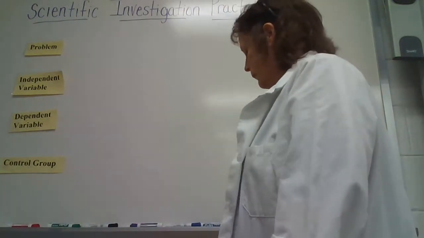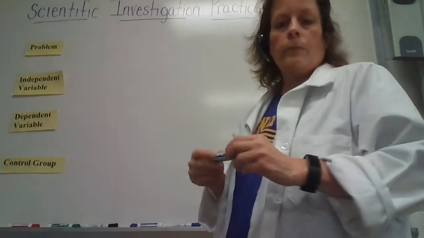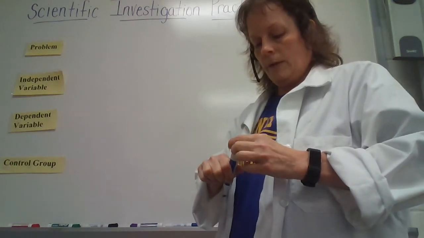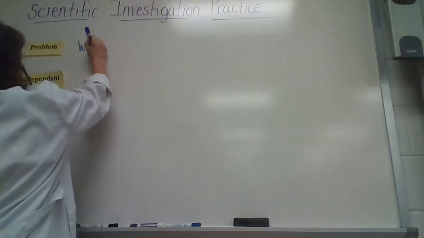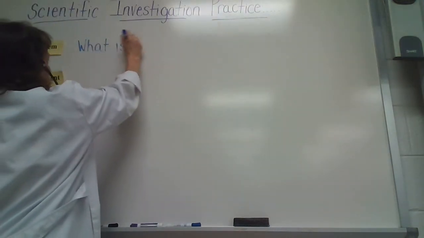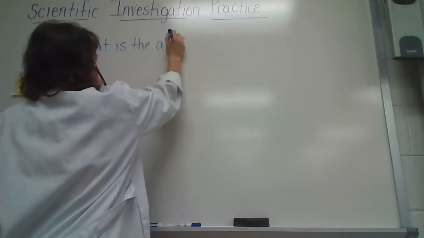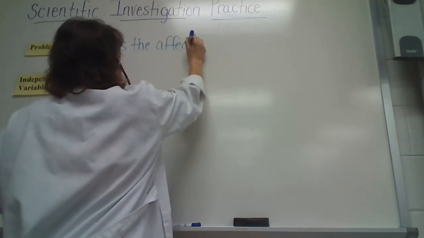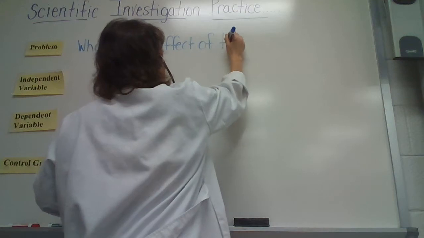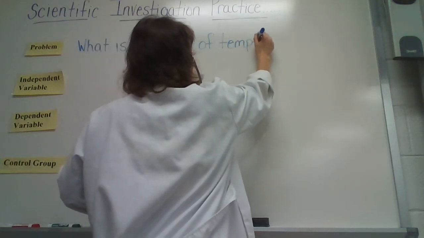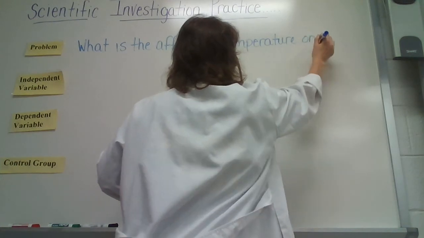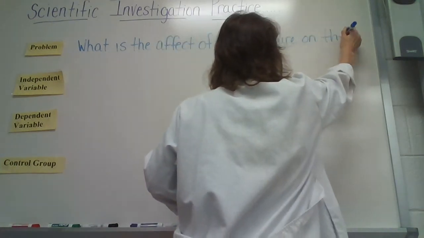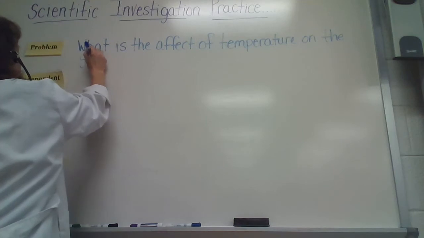Okay, so hopefully you've had a chance to look at these. Again, well-written problems have both variables in them. So we could have done something like, what is the effect of temperature on the glowiness?